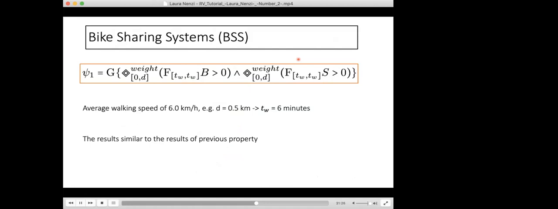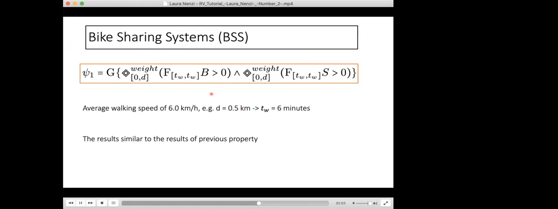As the last property of this example, we are adding something to the previous property. The previous property was just considering a spatial property that should be always true, but that means that a certain user could know that at the time the property was checked, there was some station with a free bike and a free slot, but for sure he needs a certain time to go from his position to that station.